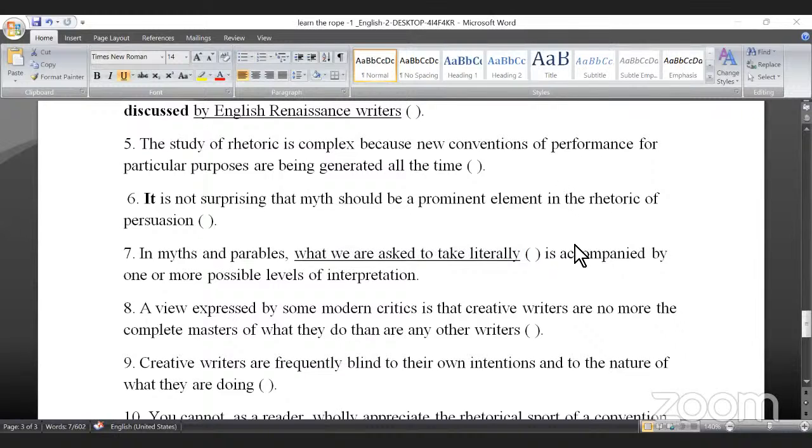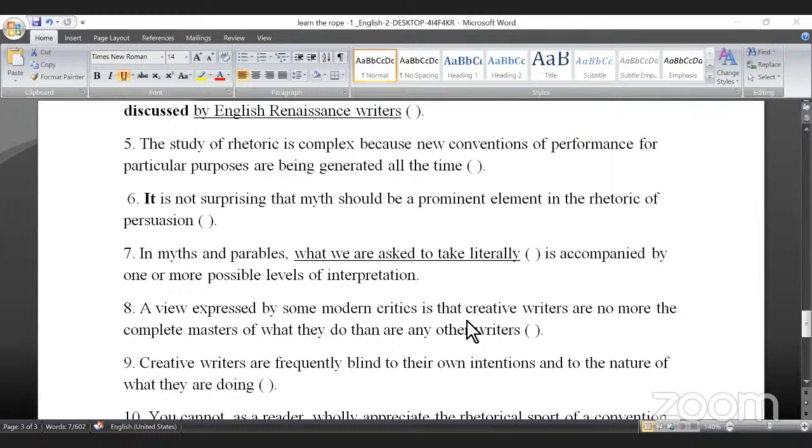Okay, yes, no. Ma'am, I have a confusion. I felt that what we are asked to take literally is talking about the subject matter of the myths and parables. In myths and parables, sorry, again, you thought what?